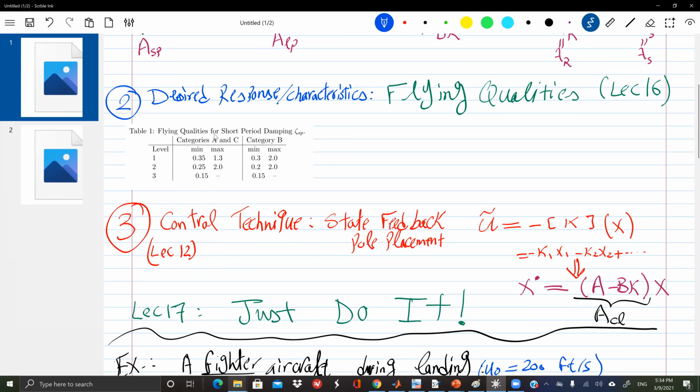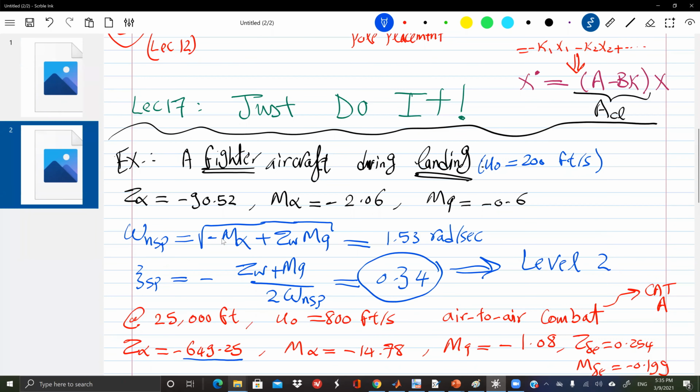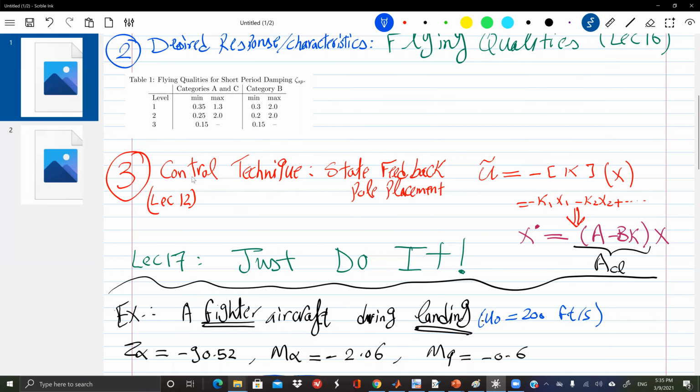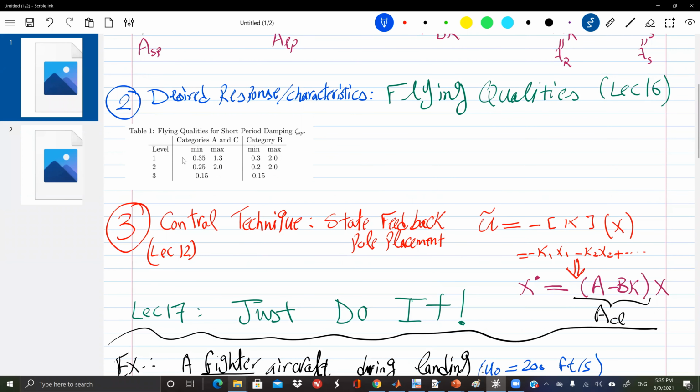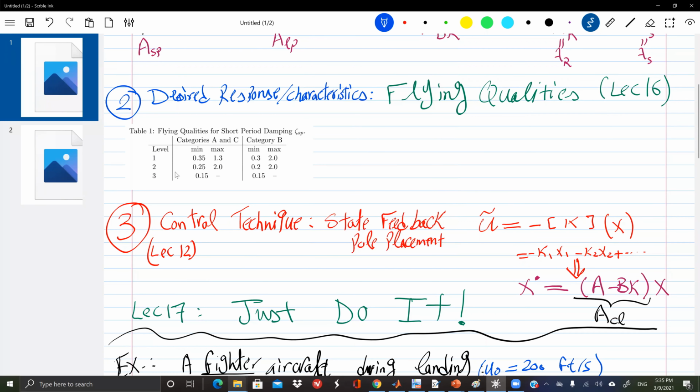Like I told you, I can use this table for two different purposes: for analysis, analyzing an existing airplane, like what we have done in the last two examples for level 2 and level 3, and for design. When I design, of course, I'm always designing for level 1. I will never design for level 2 or 3. So here I'm designing.